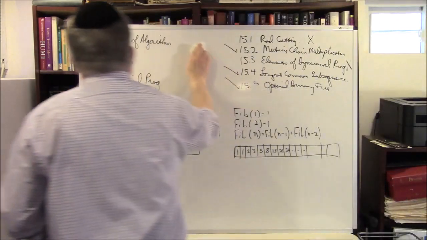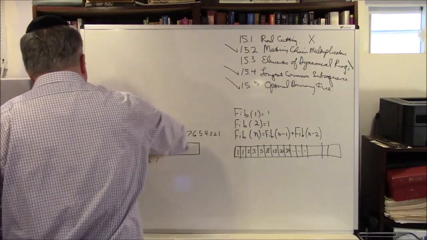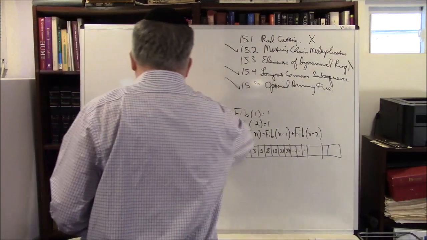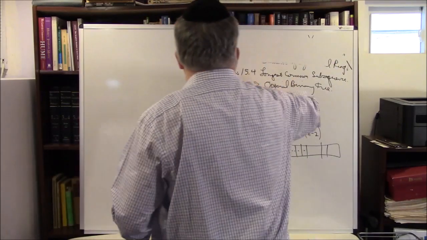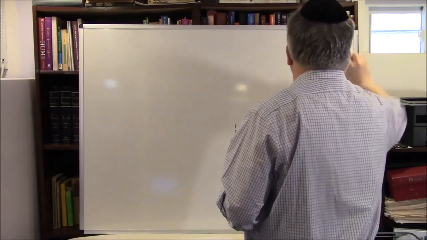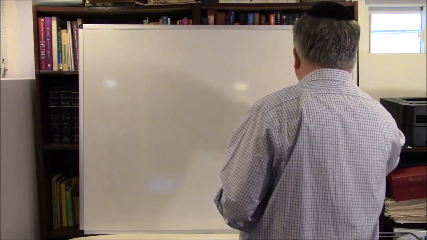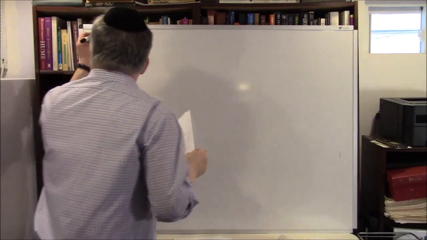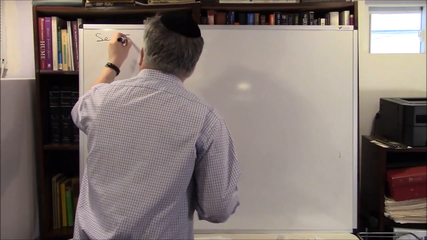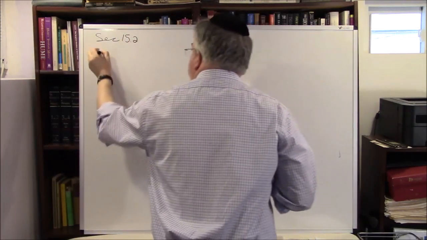Okay, and it's a very pretty example. So it goes as follows. Section 15.2, matrix chain multiplication.